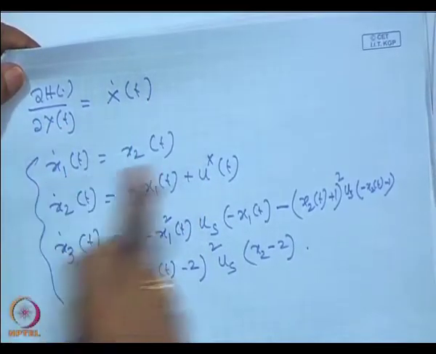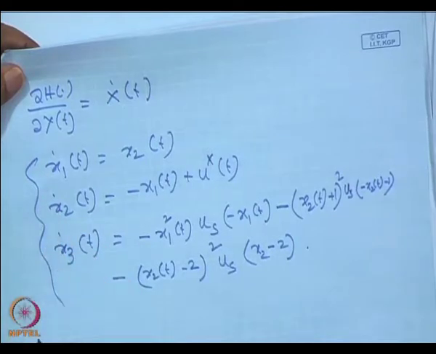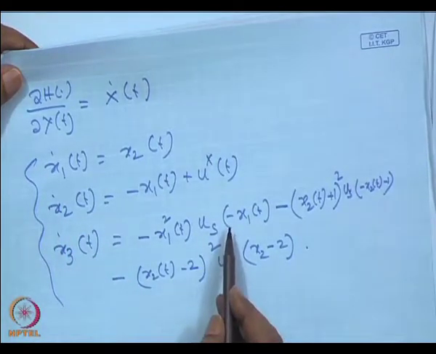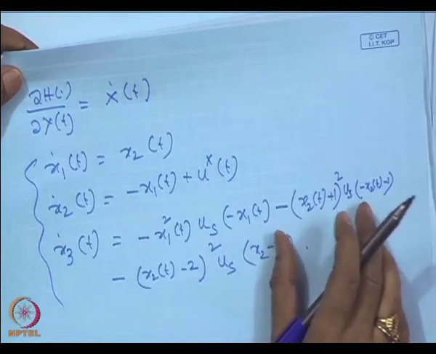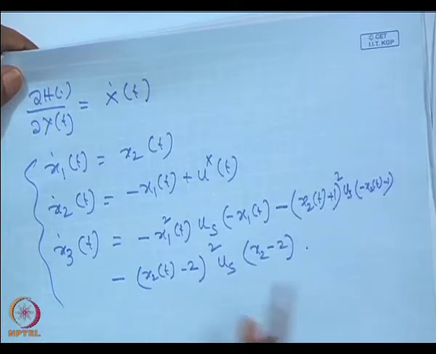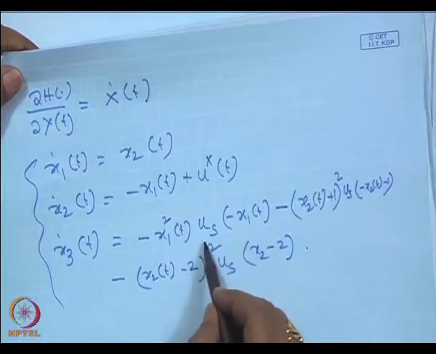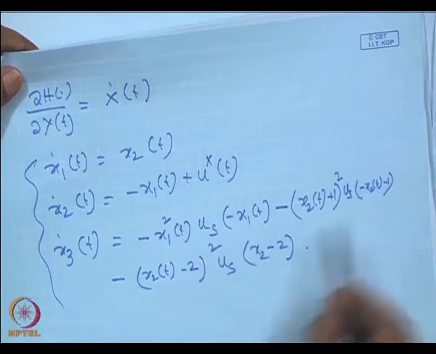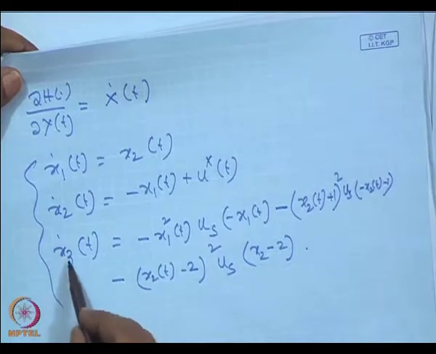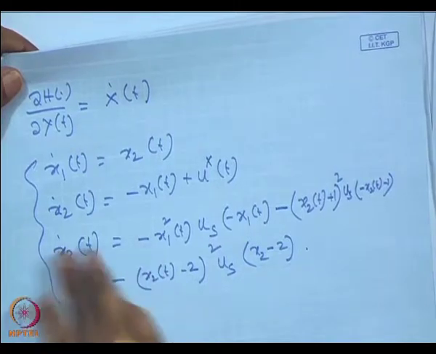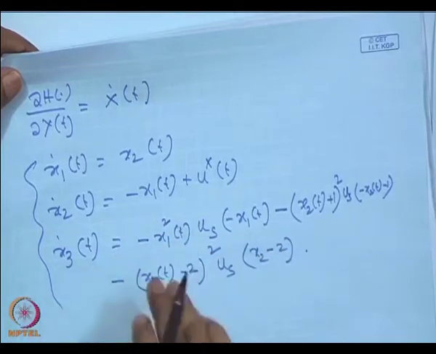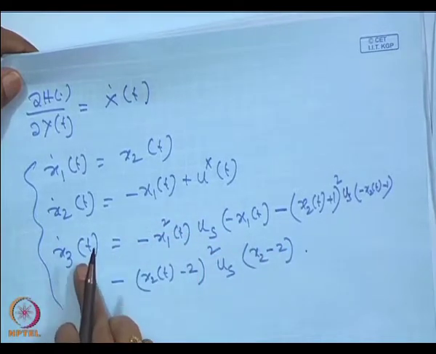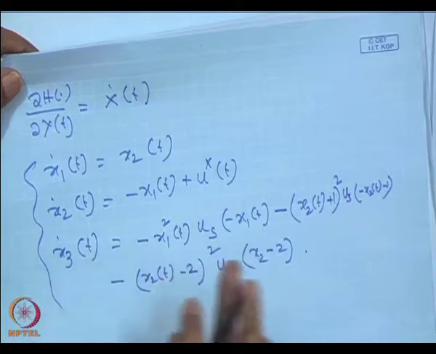If you see the del h del lambda is equal to this equation, these three equations, and you see we have to keep our state inside the constraint. So, if you put this inside the constraint, then this quantity is 0, this quantity also 0, the lambda x 3 dot is equal to 0, and this value remains 0 for all t, as we have considered the initial and boundary conditions on x.